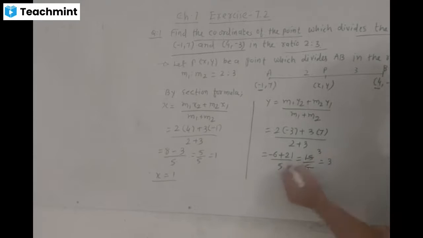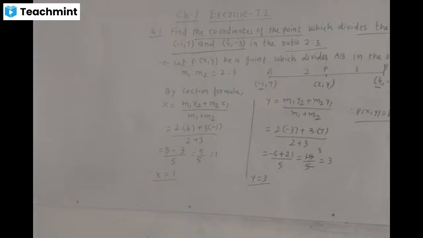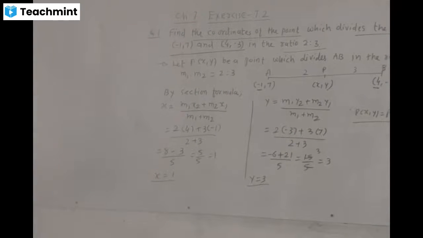Therefore y is equal to 3. Therefore the coordinate of P(x, y) is P(1, 3), the required coordinate of the point.